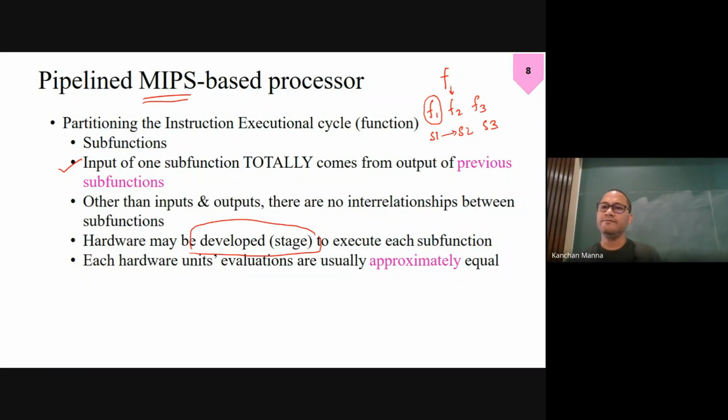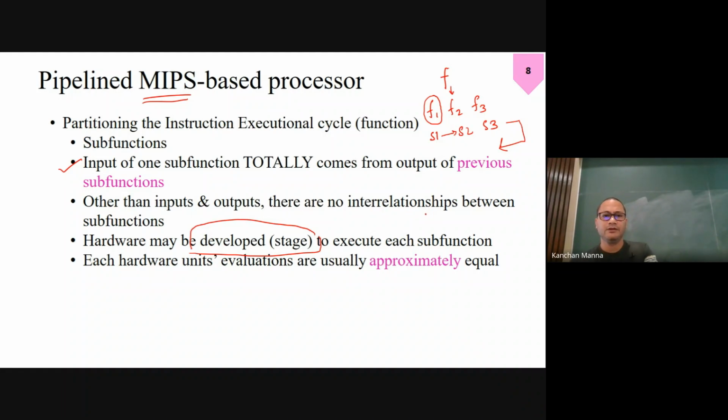That will create a problem, but it is expected that input should come from the previous stages. If we take the feedback from this, it will create the hazard that we'll discuss. But if it has this kind of structure, then it is very good. And other than input and output, there is no interrelation between the sub-functions.